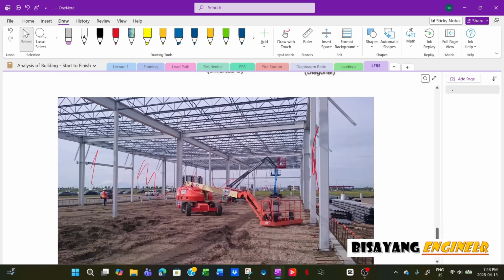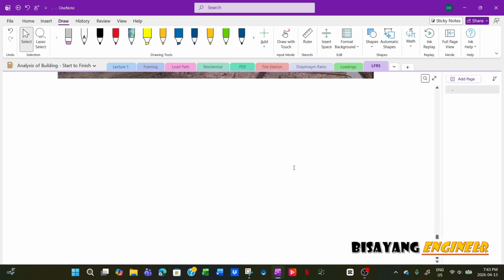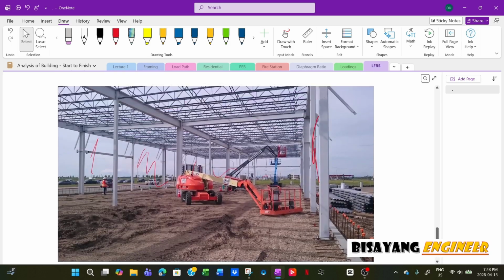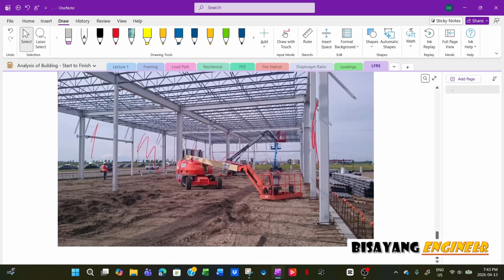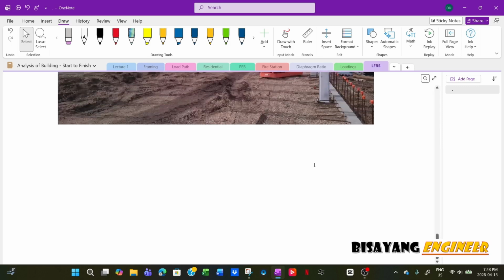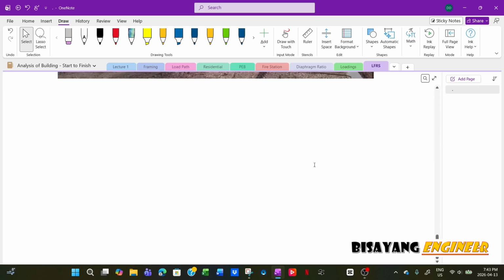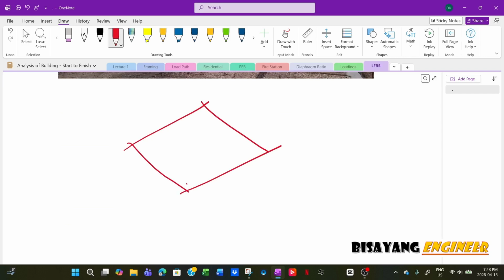In this one, the wind load or seismic load is applied to the building and then transferred back to the foundation. So this is one of the bases, and this is the moment frame.